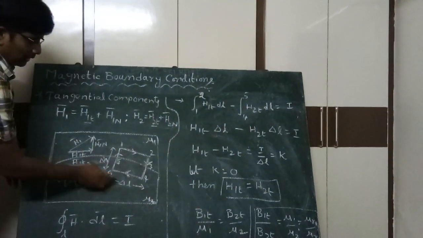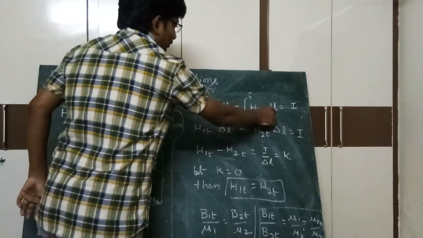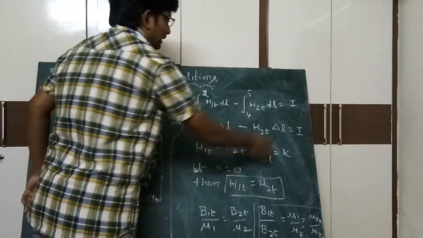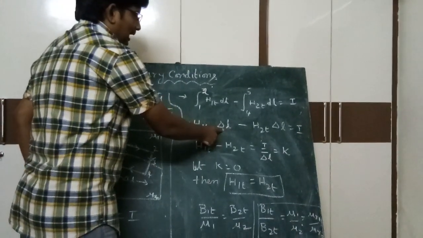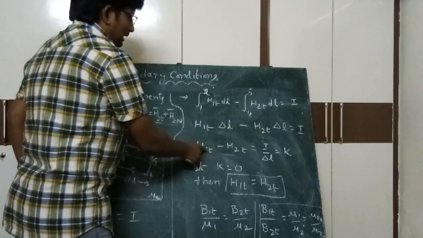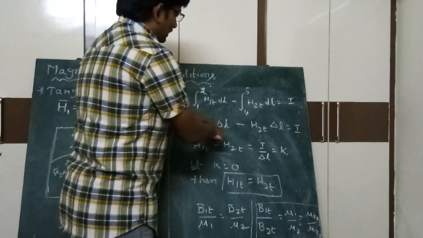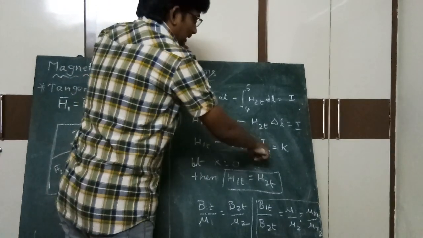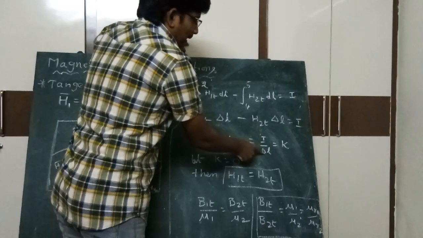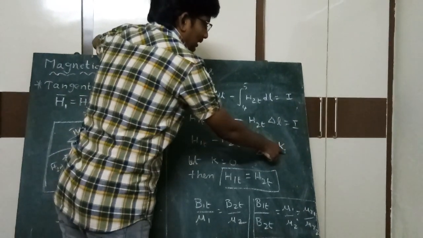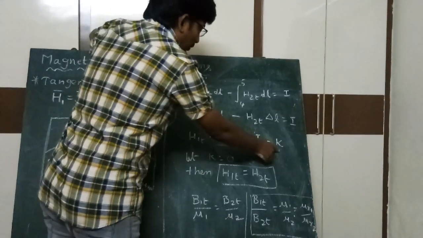Similarly for 4 to 5 the length is delta L. So in place of integral 4 to 5 dl we can substitute delta L, that is equals to I. So here take delta L common, then we can get H1T minus H2T into delta L, and move this delta L to this side, then we can get I by delta L, that is equals to K. So current per unit length means surface current density, that is K. So H1T minus H2T is equals to K.